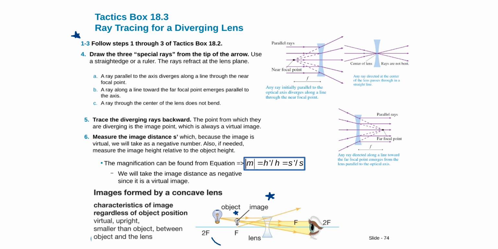It will be on the same side as the object for the lens case, while it was on the other side for the mirror case. If the object is only at infinity, my image will be at the focal point. Other than that, always between the focal point and the lens. Always virtual, right side up. So S prime will be negative, remember, negative.